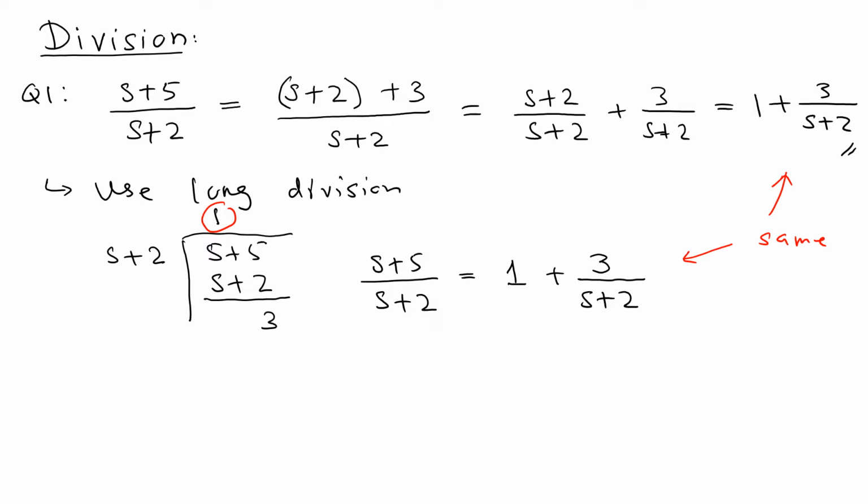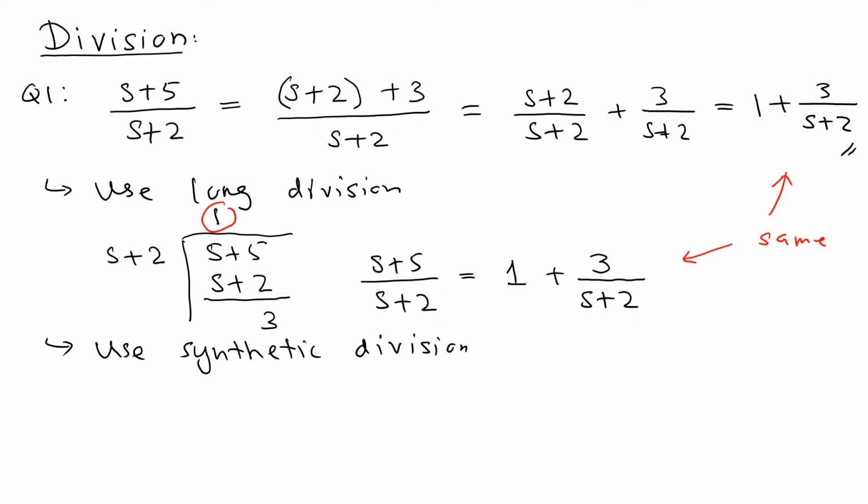And I would also like to discuss the synthetic division for this problem. So we can also use the synthetic division. When you do that, we only worry about the coefficients. So how do we write this problem? It is s plus 5.